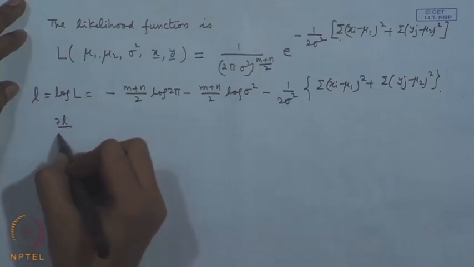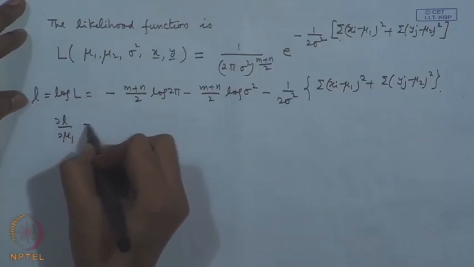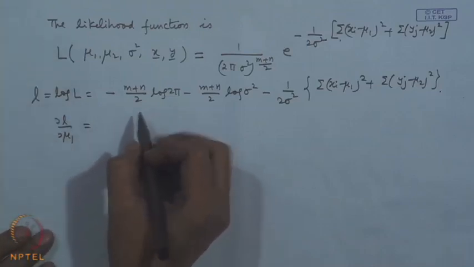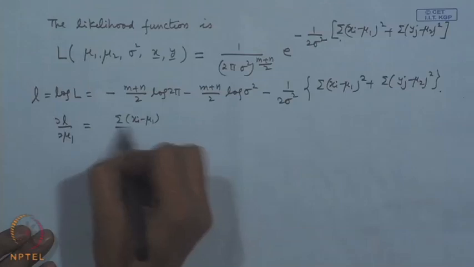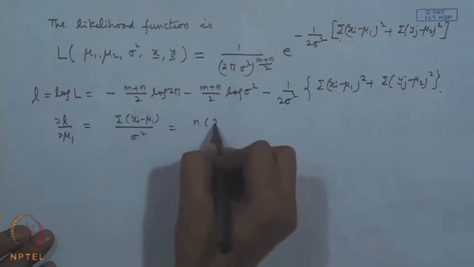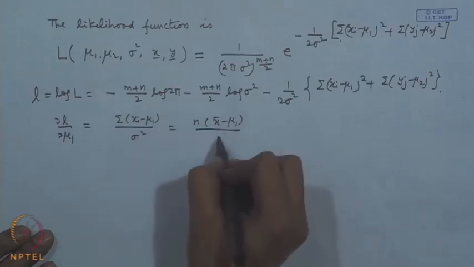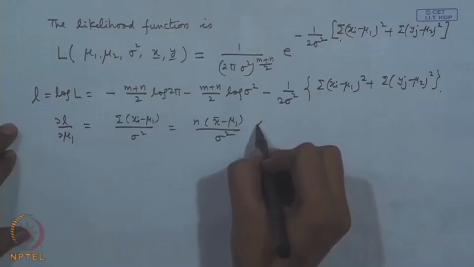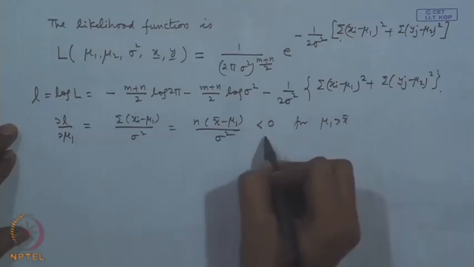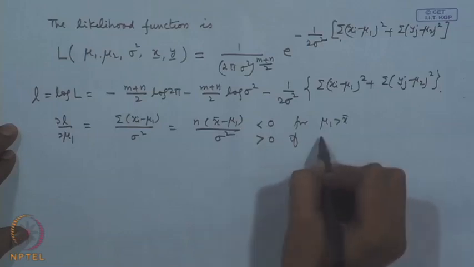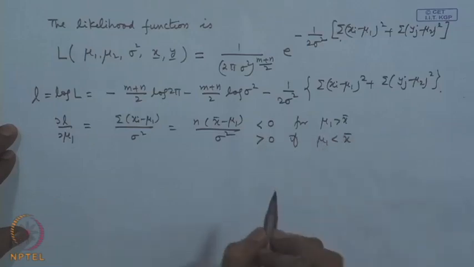So, del l by del mu 1 gives sigma x i minus mu 1 by sigma square, that is n times x bar minus mu 1 by sigma square. So, it is less than 0 if mu 1 is greater than x bar, and greater than 0 if mu 1 is less than x bar.